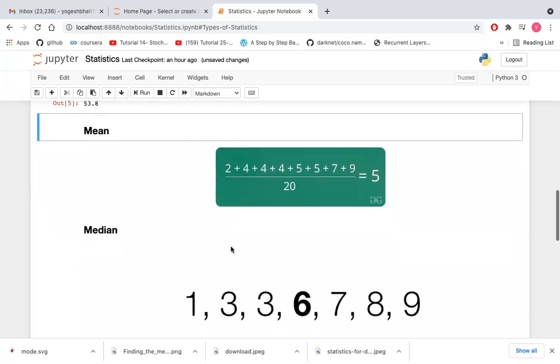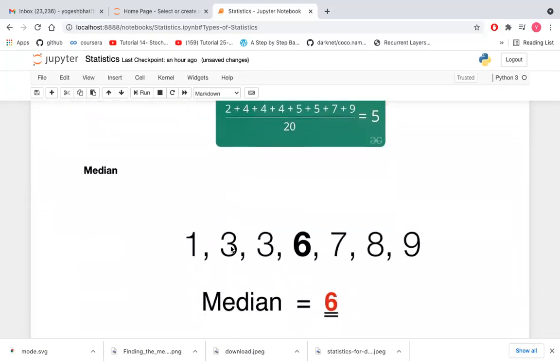So now let's discuss median. First of all, what is median? Median represents the middle value of data, for odd and even counts. So how do we calculate it for even numbers and for odd numbers? Like here is 1 2 3 4 5 6 7. These are odd numbers.